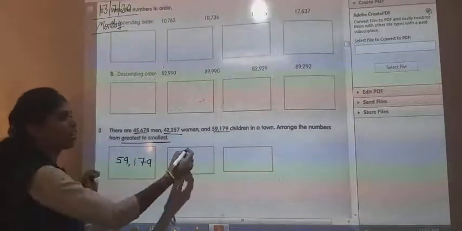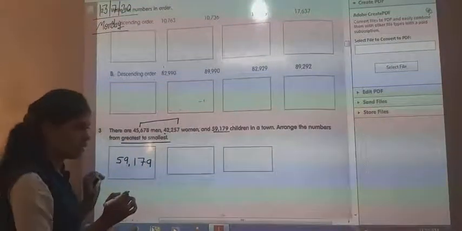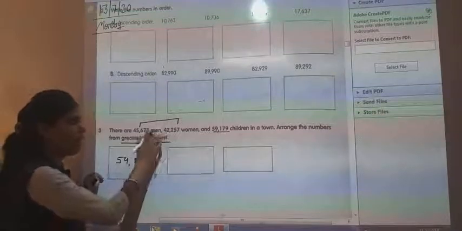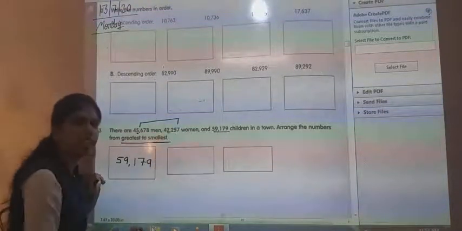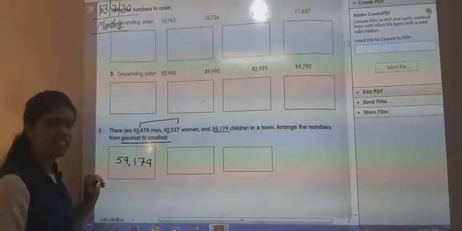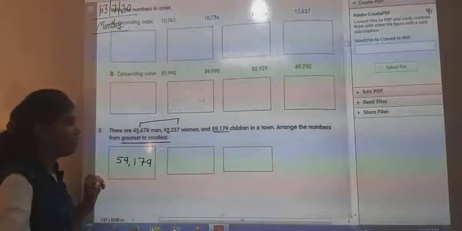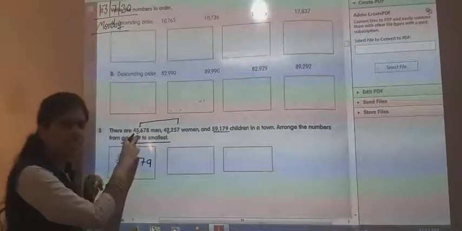Students, do with me. Now we will compare the other two numbers. Now we have 5 in the thousands place and 2 in the thousands place. Which one is greater? Yes, 5 is greater.